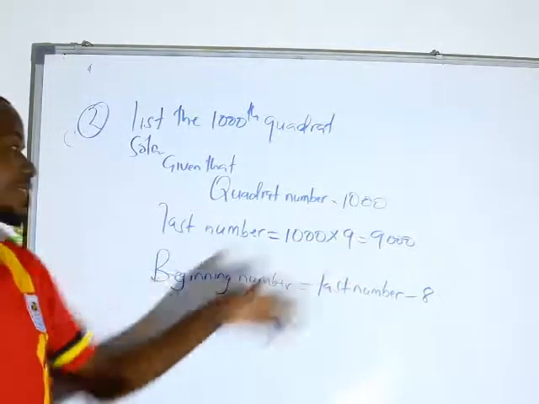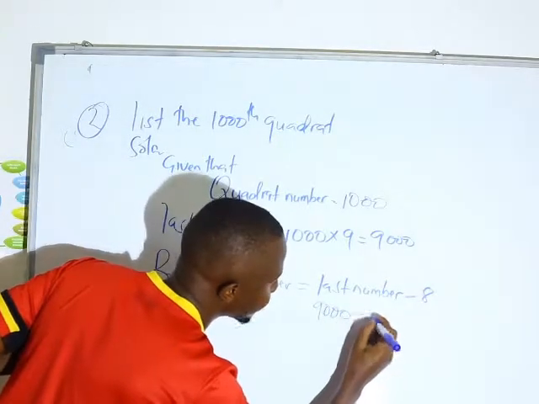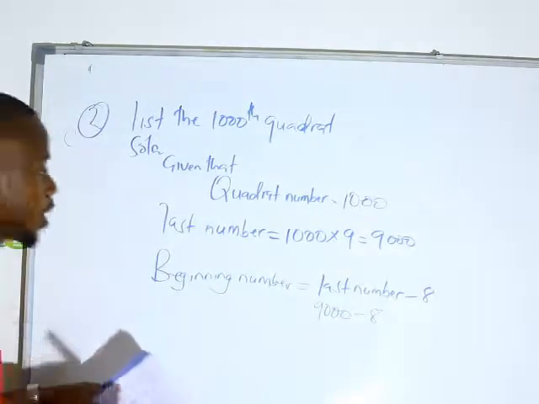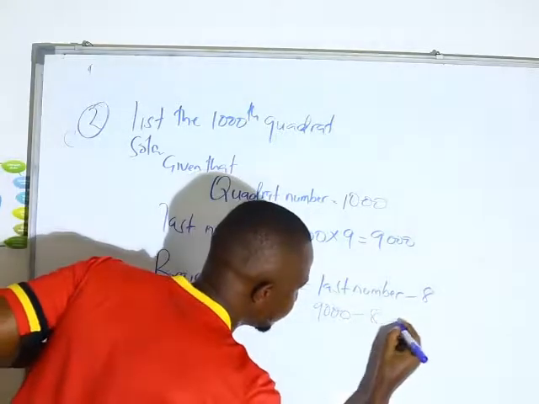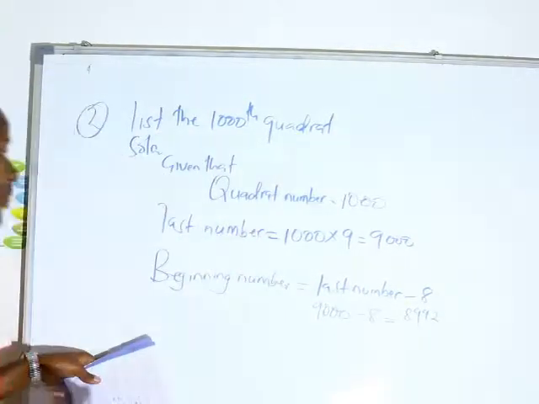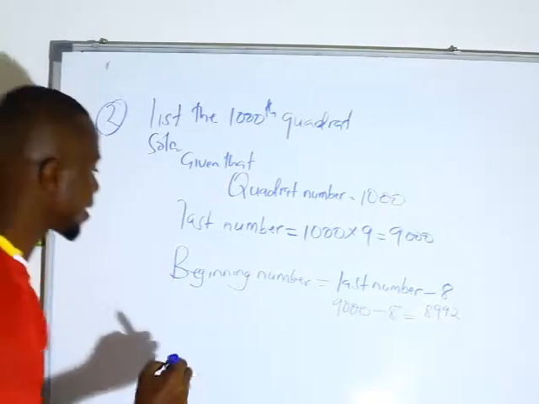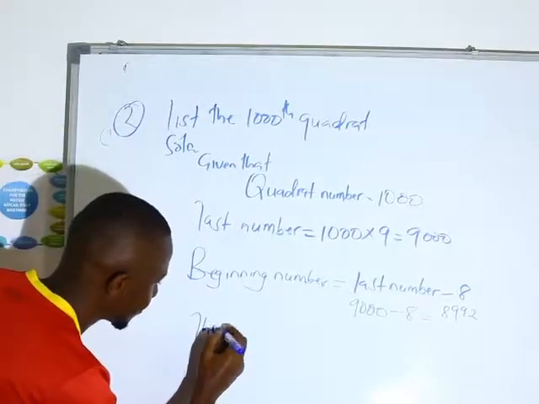We have our last number 9000 minus 8, which equals 8992.